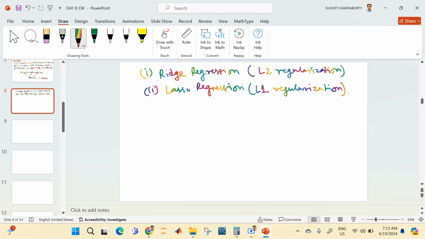So there are two methods of regularization. In your syllabus only Ridge regression is there, so I am discussing only Ridge regression, and I will give one idea about Lasso regression also. The formula is important, so I will give the formula.